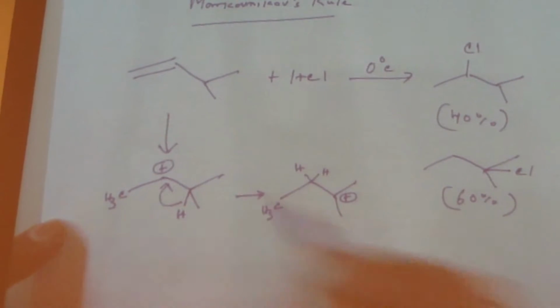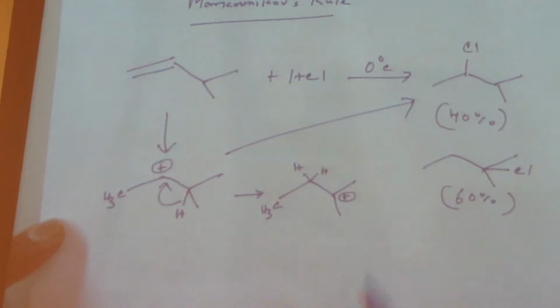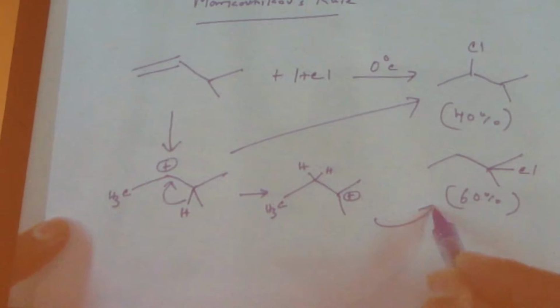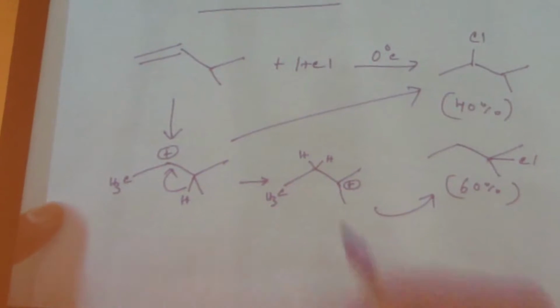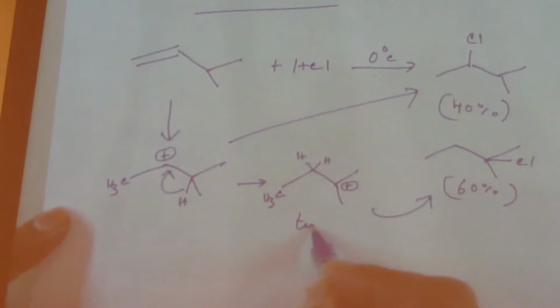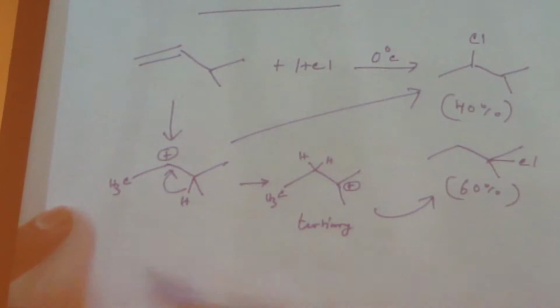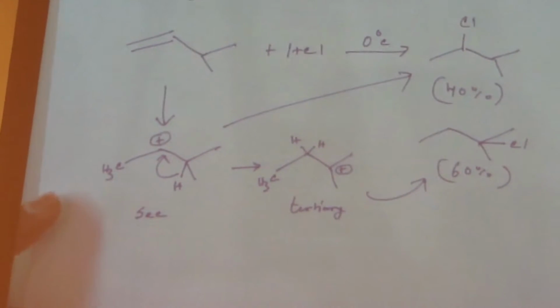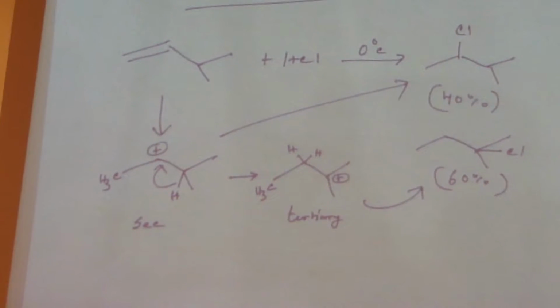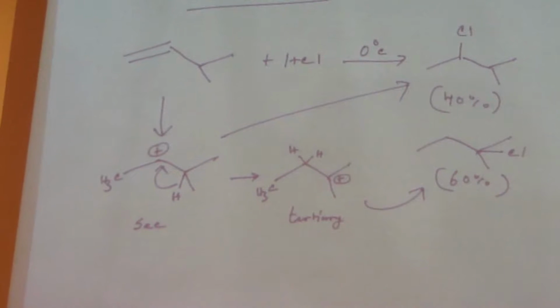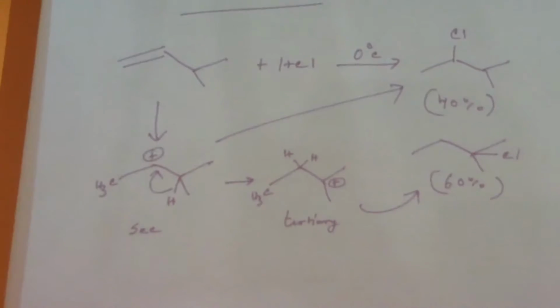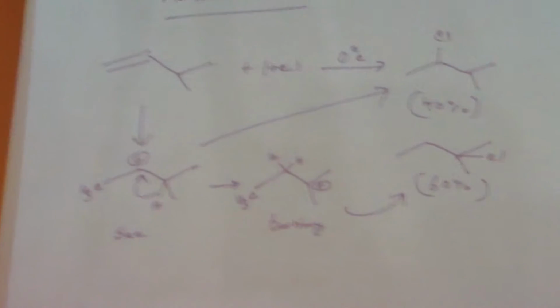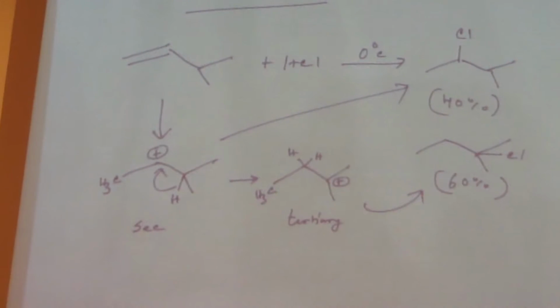This carbocation gives you this product, and this one would give you the other product, which is formed because this is a tertiary cation. This is secondary. This is formed more than the other one. And so this is actually an indirect way of explaining the formation of a carbocation, because otherwise you won't be able to explain the formation of this product.